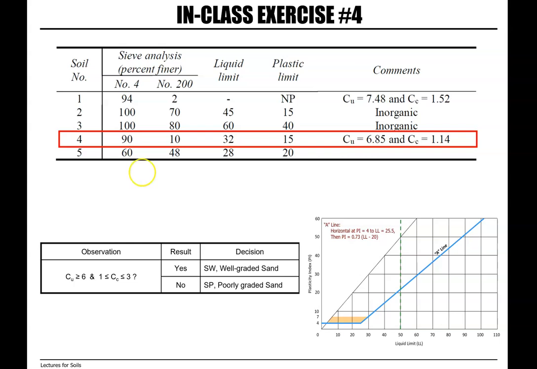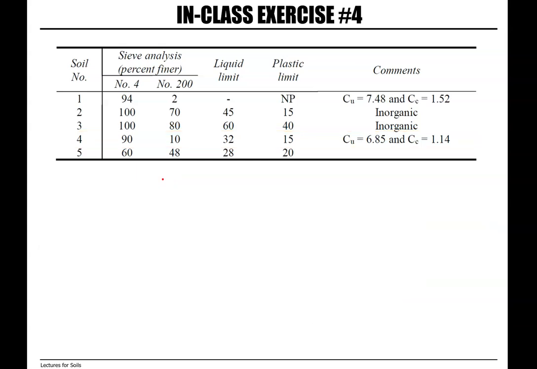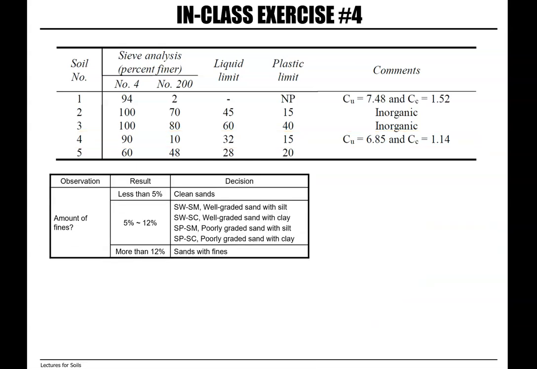So now that we know we have mostly sand, we need to again look at the amount of fines we have in our sand. So we go back to percent passing from number 200, and it's 10%, which means that it's between 5 to 12.